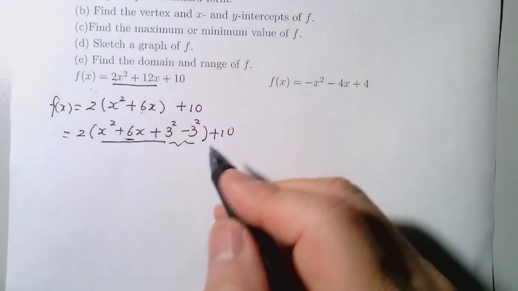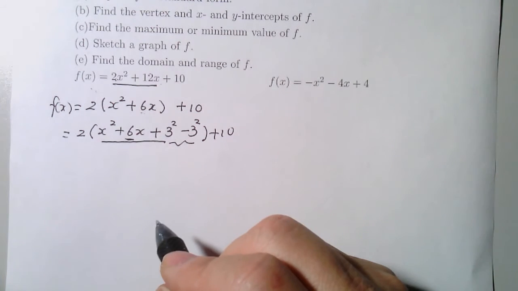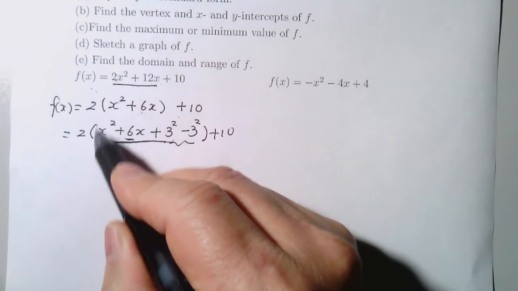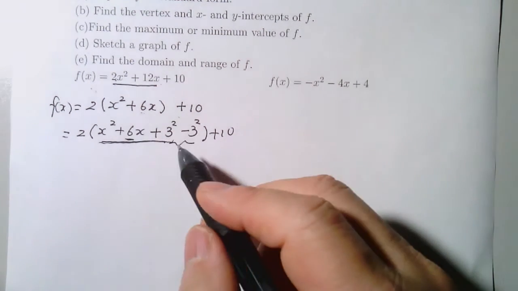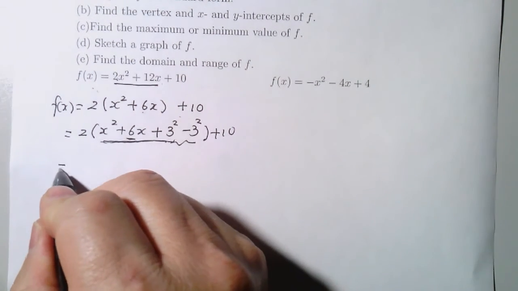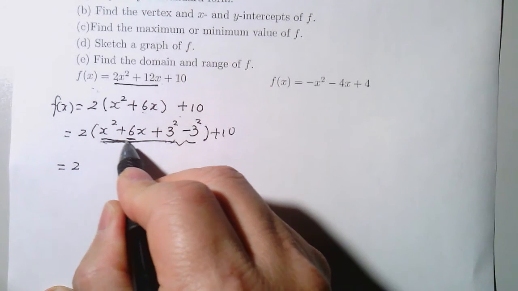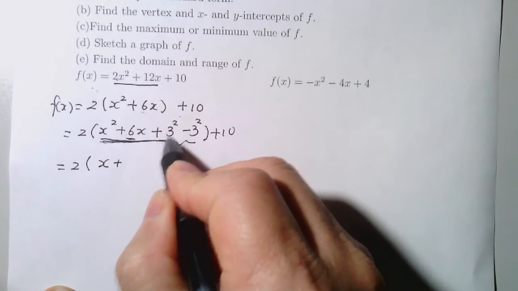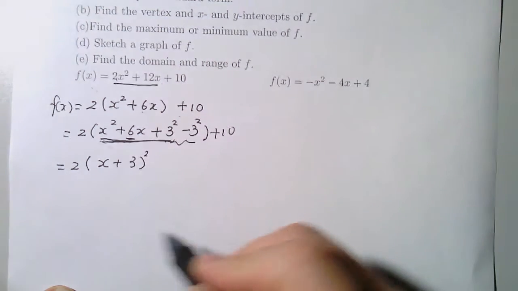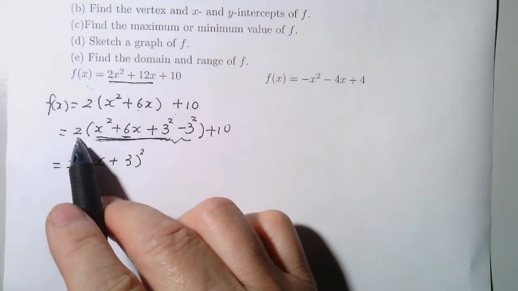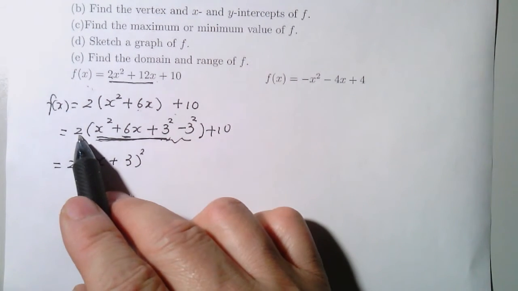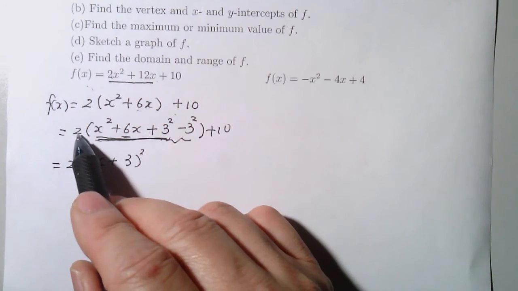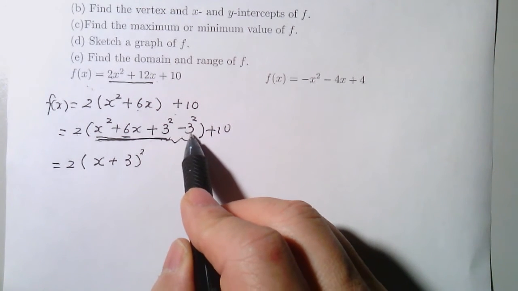But the question is, why do you want to do this? Because I want to write this as a perfect square. So now I'm going to write 2. Since this is a perfect square, which is (x plus 3) squared, now you can see you have to multiply that whole thing, this 2 times negative 3 squared.